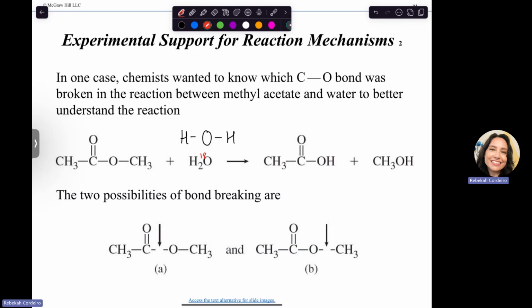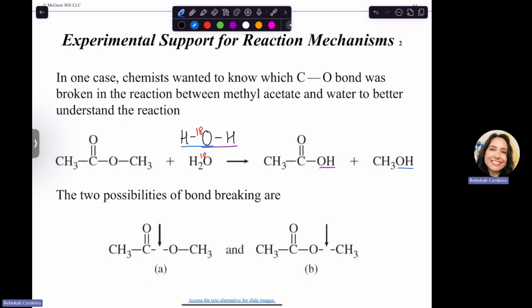HOH. And what they did was they flagged this oxygen to make it heavy oxygen. Where does it go? So the two options are, getting too far into this, so really don't need to know, that this OH became this OH, or that this OH became this OH.